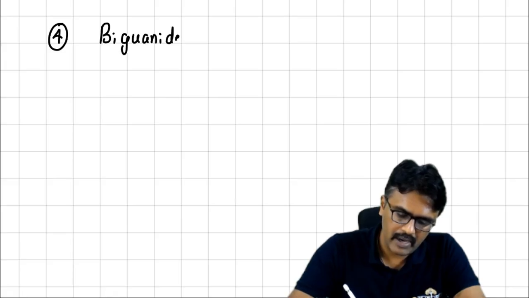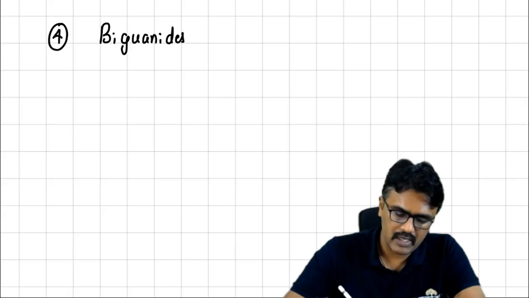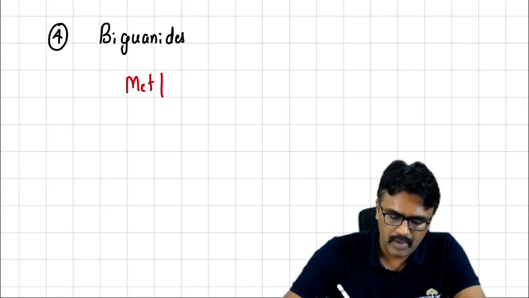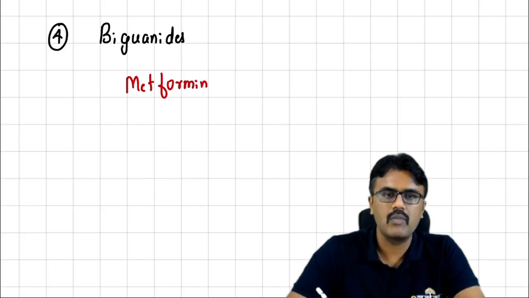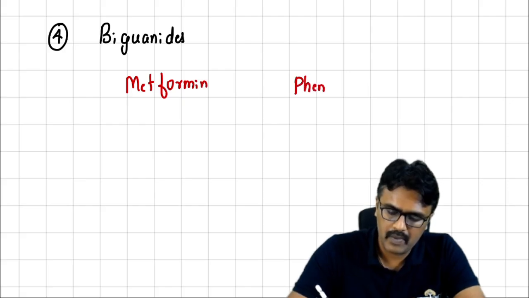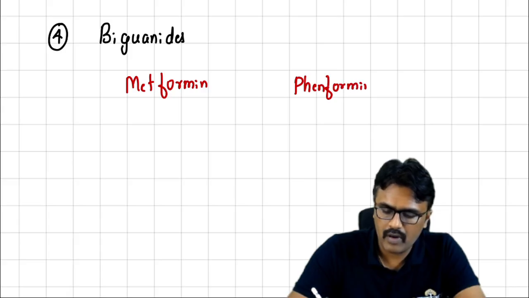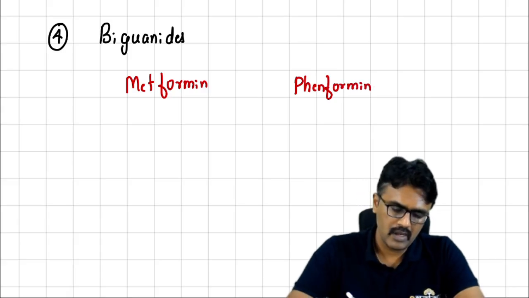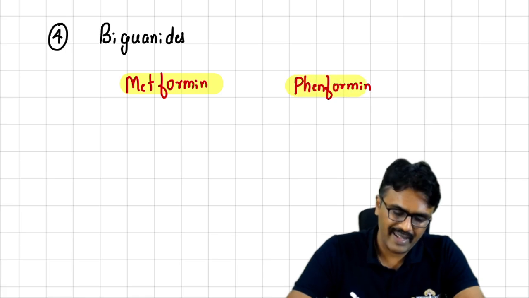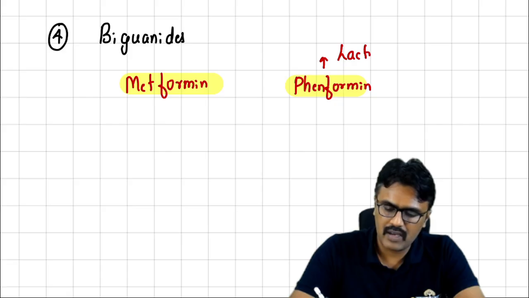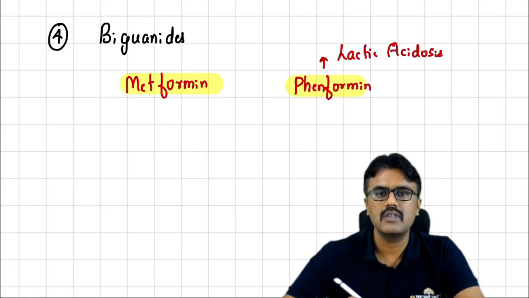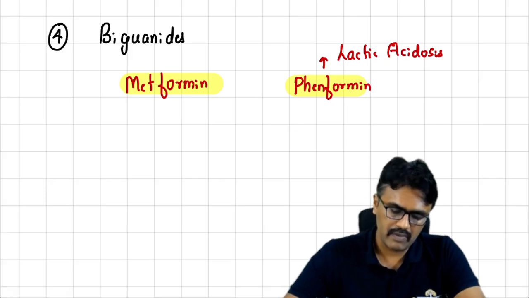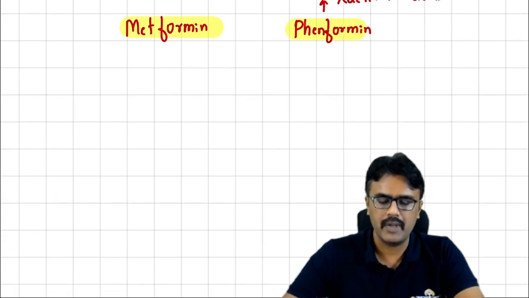The two important biguanides are metformin and phenformin. Of these, only metformin is available. Phenformin has been withdrawn from the market because it caused severe lactic acidosis. So what we have, the wonder drug, is metformin.